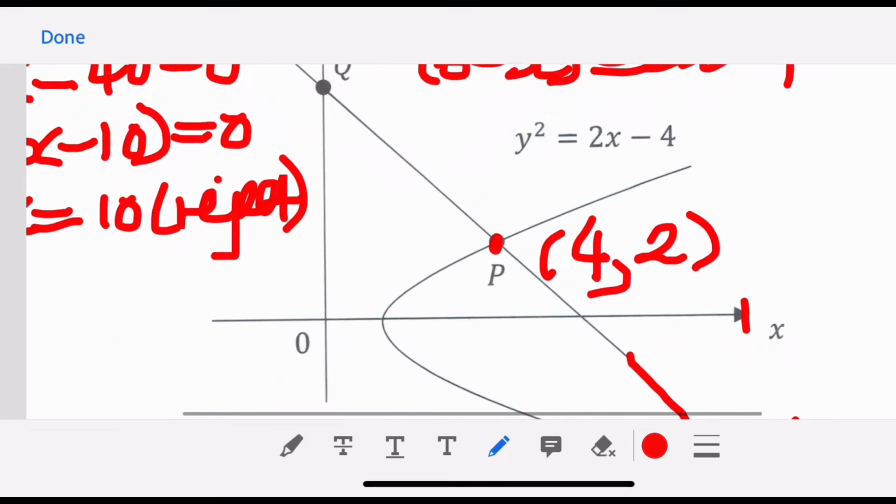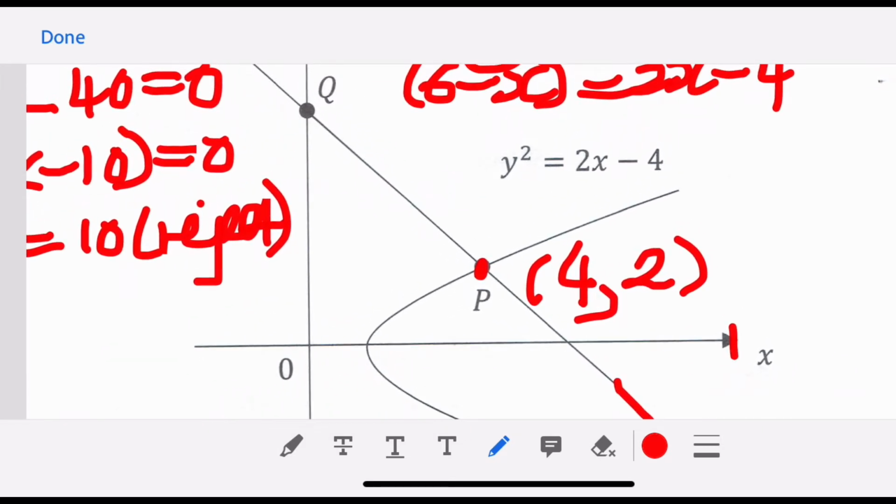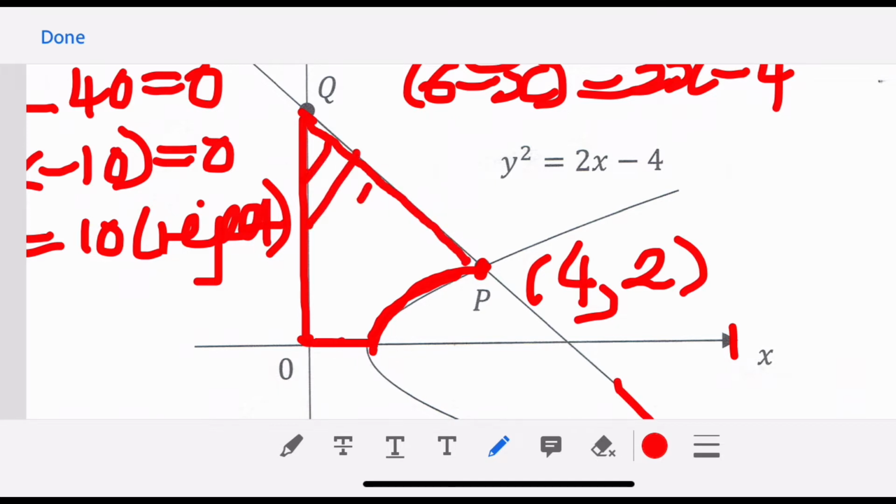So let's try to shade. Okay, this is the curve, this is the x-axis, this is the y-axis, and this is the straight line. So this is the area wanted by the question.